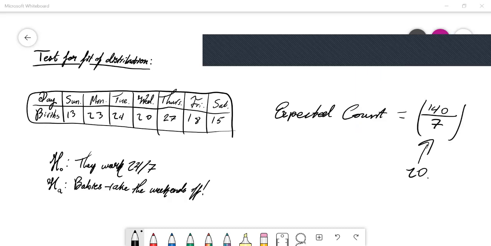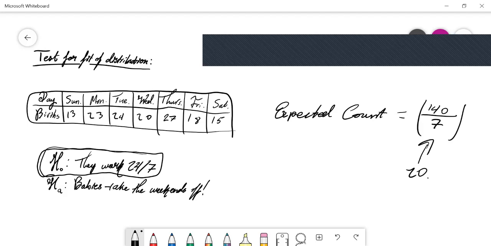And where this is coming from is essentially we found the expected count here, but under the null hypothesis that they work 24/7 and that there is no essentially relationship with this idea of weekends and weekdays for births, we just divided the row total by the column total.